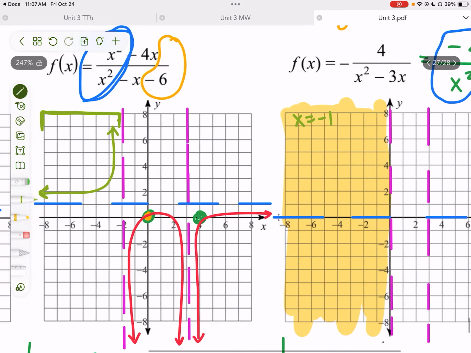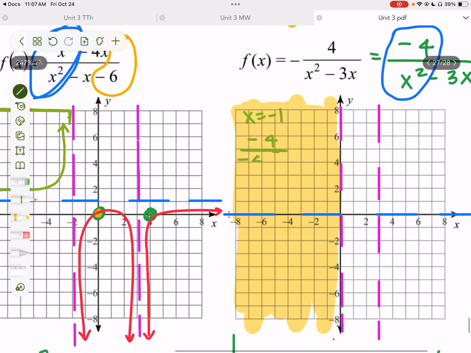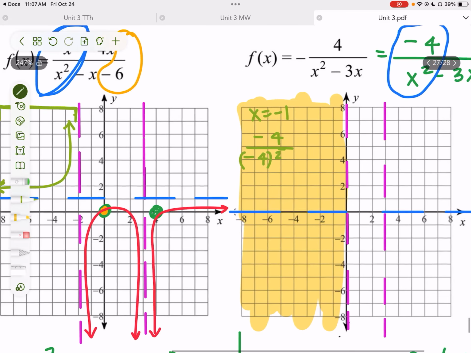So if x is -1, we have -4 over -4 squared minus 3 times -4. So that's a negative, and then 16 plus 12. So that's positive. Oh, that's really good that it's going to be negative. So I don't have to move any of that work.